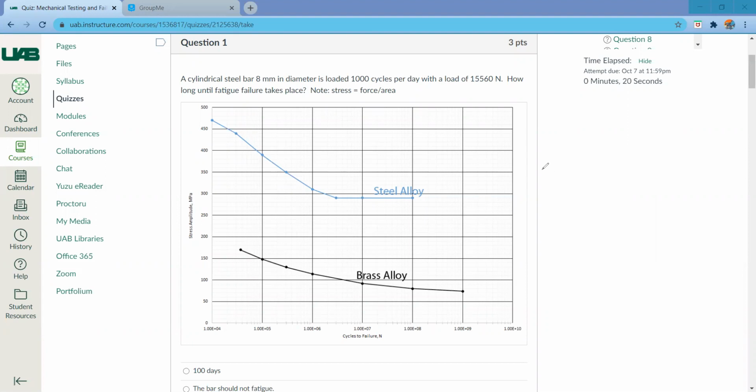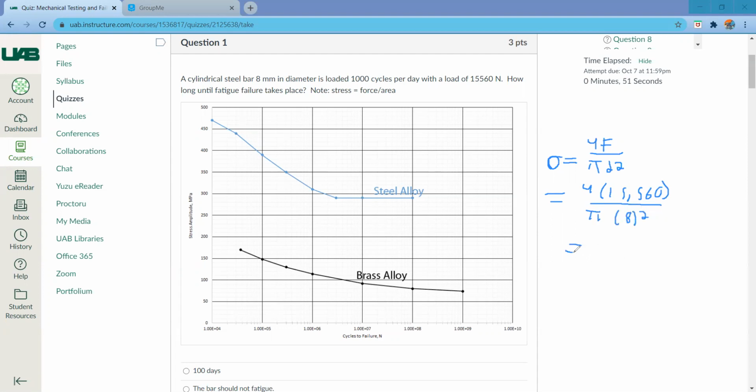Stress is equal to force divided by area. I'm going to use the formula: stress is equal to 4 times force divided by pi diameter squared. This is force divided by pi over 4 times diameter squared, but I just moved the 4 to the top for this one. So this is going to be equal to 4 times 15,560 over pi times 8 squared.